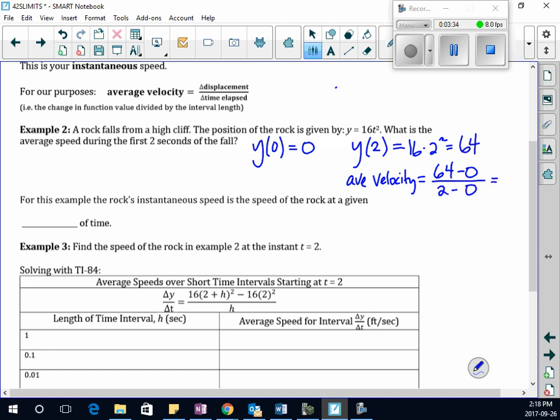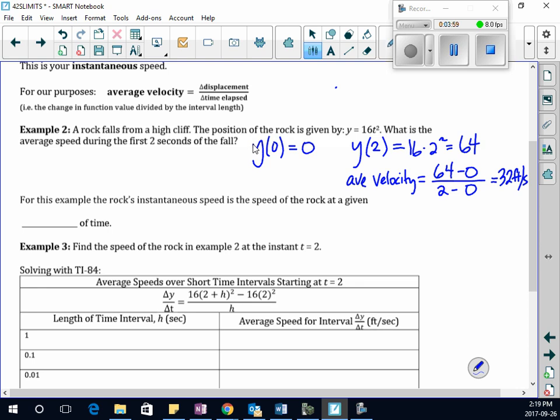So what do I get? 64 divided by 2 is 32. And what's my units? It just says seconds, so let's just say feet per second or something like that. I'll say it's in feet, whatever.